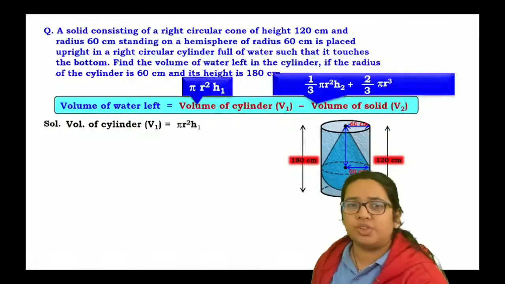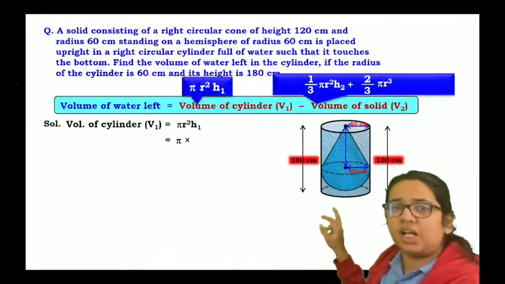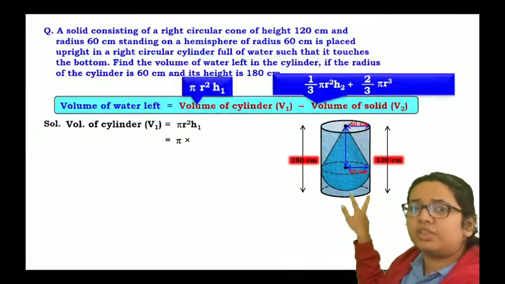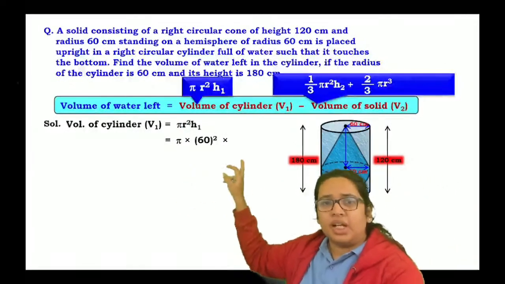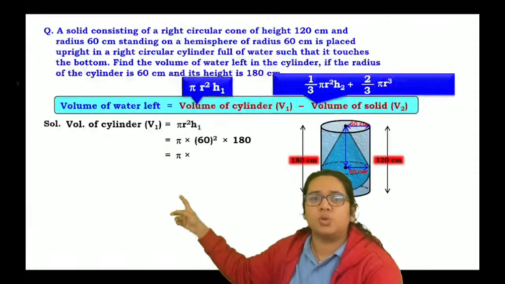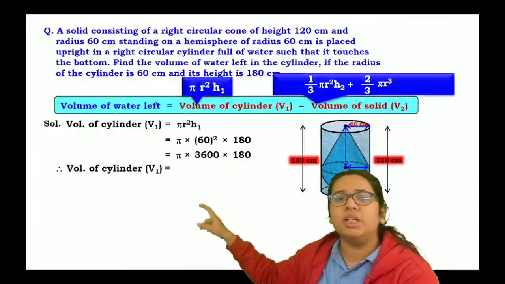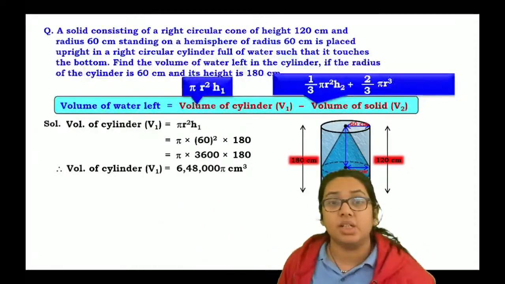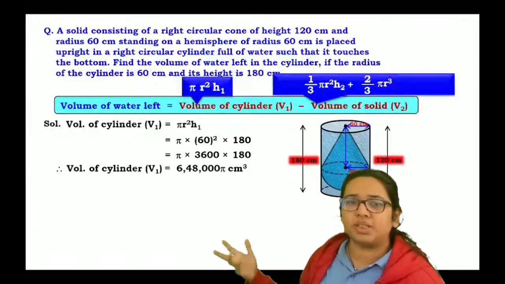First, volume of a cylinder is pi r square h. So pi will be as it is, r is the radius of this cylinder, given as 60 centimeter, and h is 180. So pi times 3600 into 180. That is, volume of the cylinder will be 6,48,000 times pi cubic centimeter.